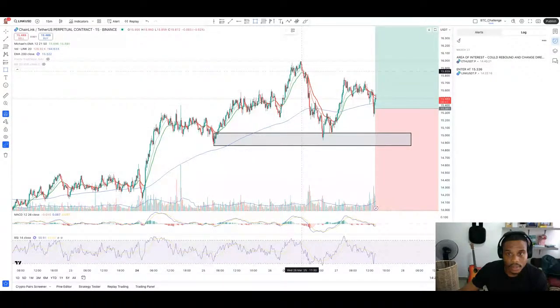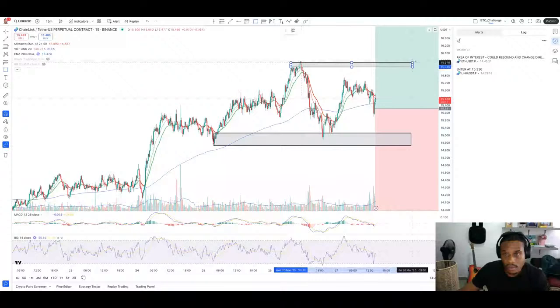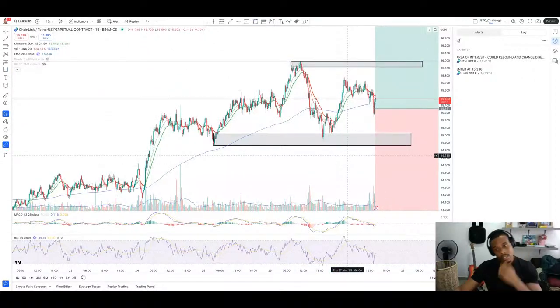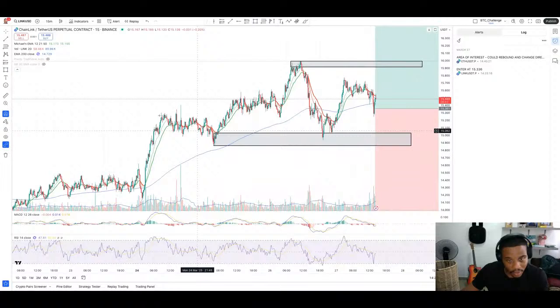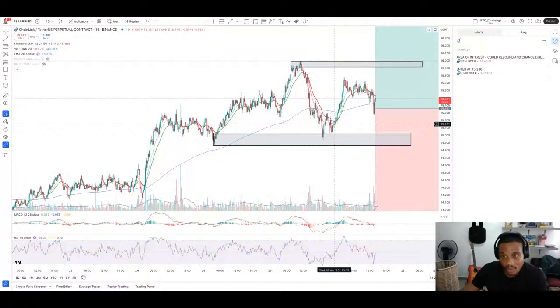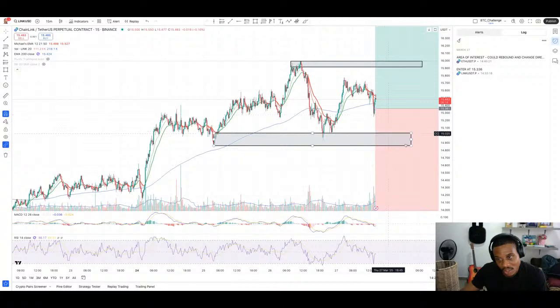My point is the range started, came in here, went up, came down to the range low, and it seems like it's not going to reach the range high, and it's trying to revert back to this range low, right?